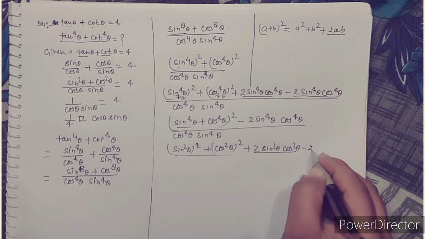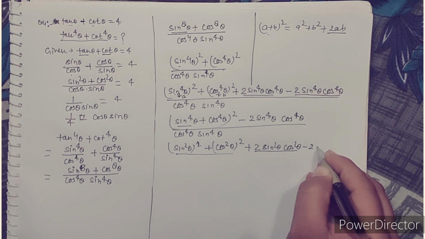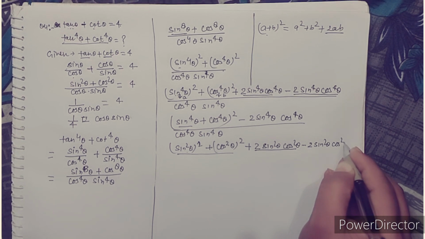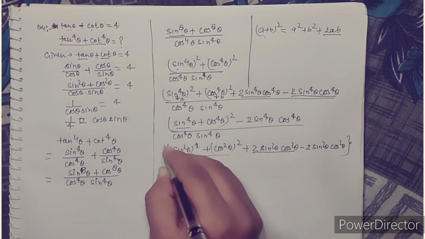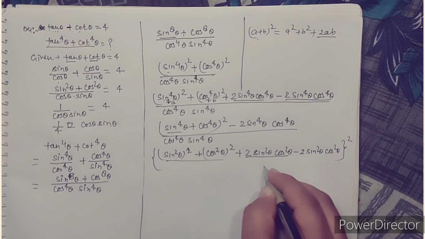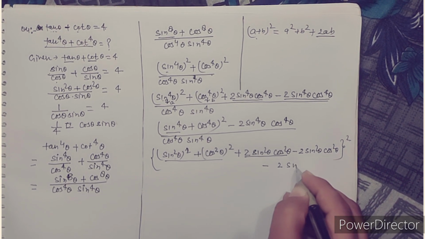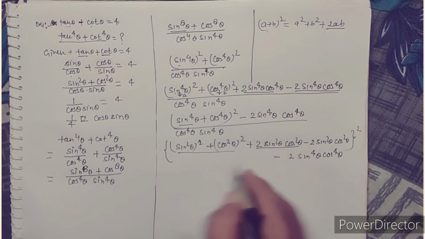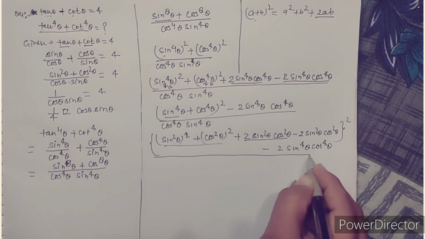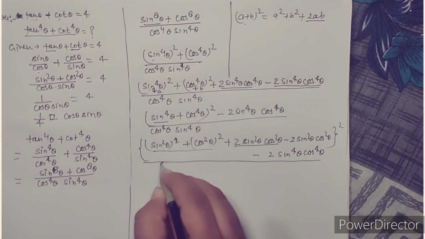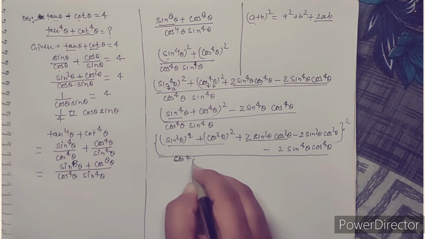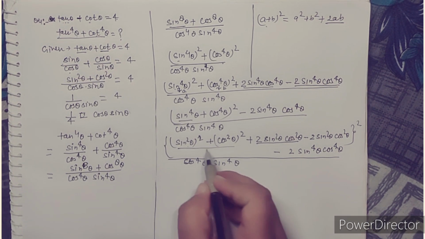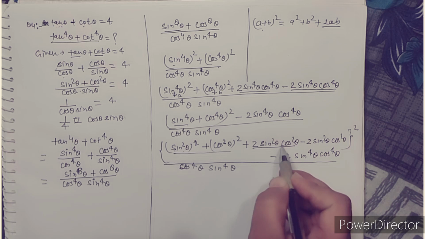Now it will be minus 2 sin² θ into cos² θ, that will be whole square, minus 2 sin^4 θ into cos^4 θ upon cos^4 θ into sin^4 θ. Now here it is a square plus b square plus 2ab.